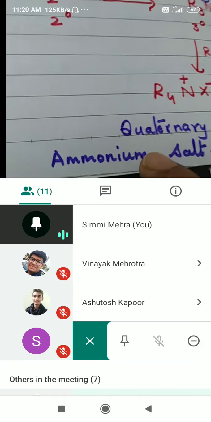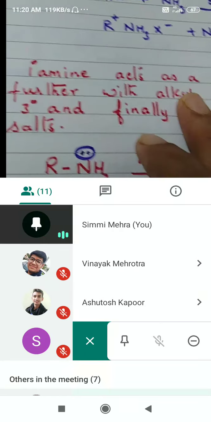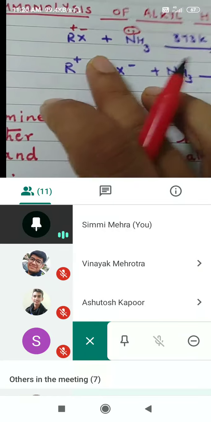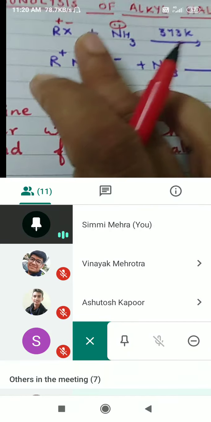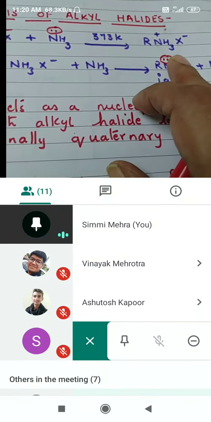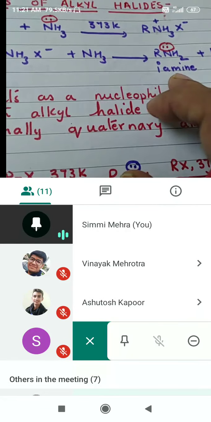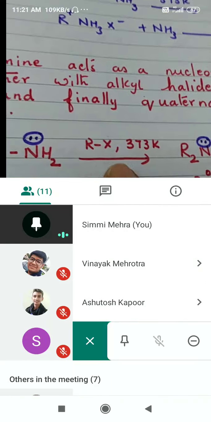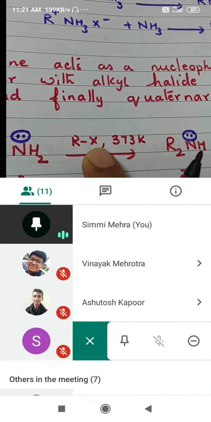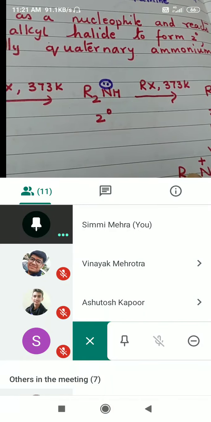This is quaternary ammonium salt. So, what have we actually done? We have first treated ammonia with alkyl halide to form this compound, and this on treatment with ammonia will form primary amine. From primary amine, with the help of alkyl halide, we could form secondary, tertiary amine, and quaternary salt.